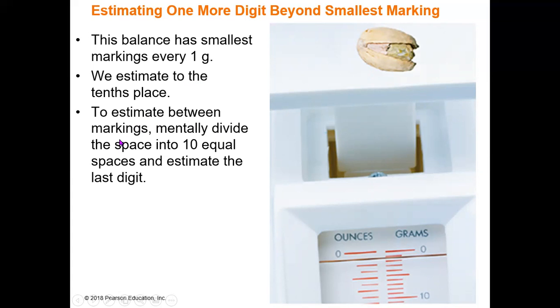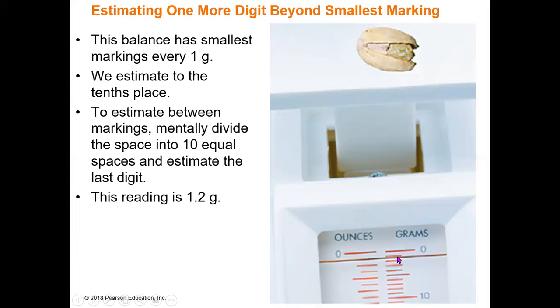To estimate between markings, mentally divide the space into 10 equal spaces and estimate the last digit. The reading for this line is between the marking 1 and 2. The first marking is 0, this marking is 1, this marking is 2. So we cannot just simply say 1.